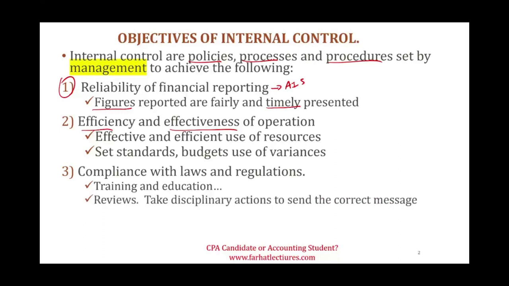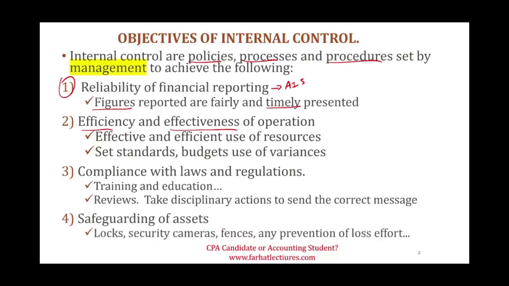If someone did something wrong and violated laws or regulations, we discipline them. And the fourth objective of internal control is the safeguarding of assets. How do we safeguard assets? Pretty straightforward. Locks, security cameras, fences, any effort at prevention of loss is considered safeguarding of assets. We could use passwords if the information is not physical, if it's intangible in nature, or tech, digital.